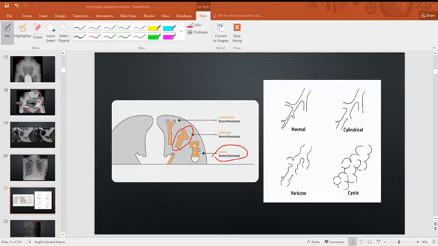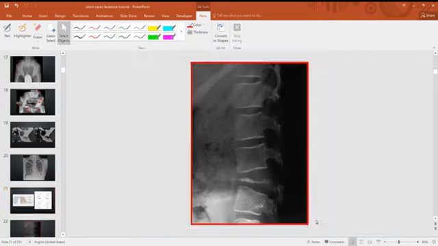It is traction bronchiectasis, associated with fibrosis of the lung, like in idiopathic pulmonary fibrosis or any other fibrotic changes in the lung, whatever the cause. So we have the cystic, varicose, cylindrical, and the traction bronchiectasis. Okay. We can move to the next case.